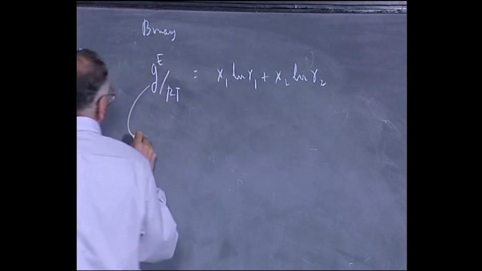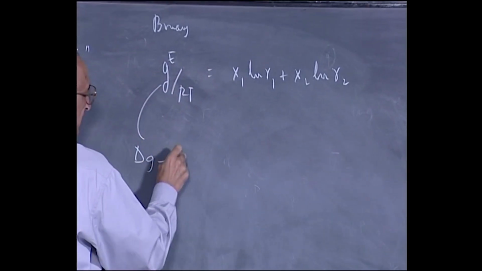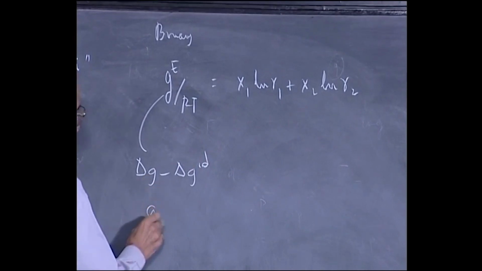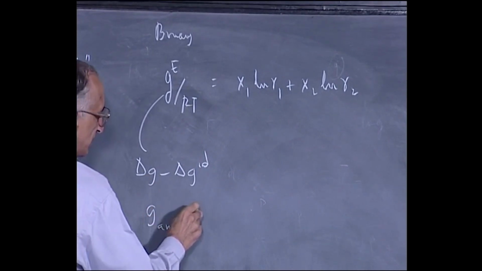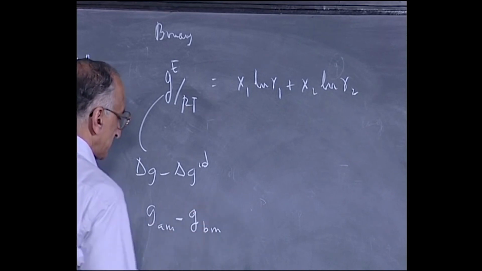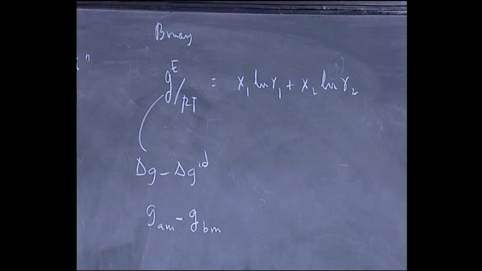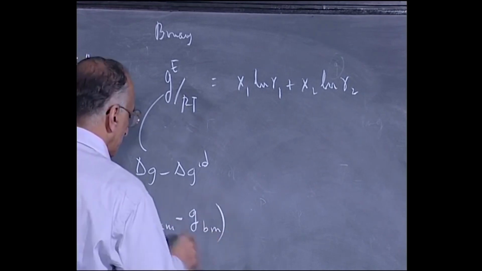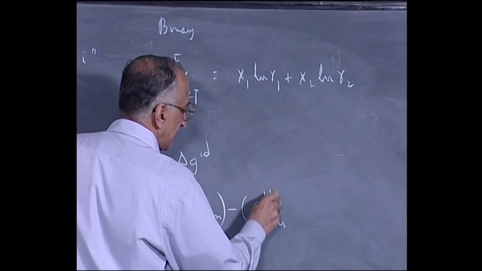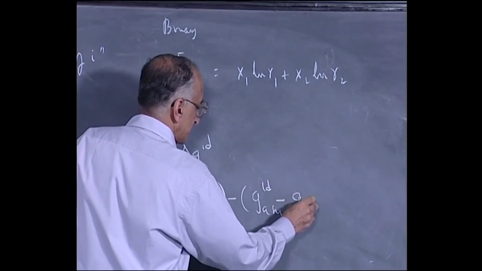The reason is Gxs is delta G minus delta G ideal. Delta G is G after mixing minus G before mixing, minus G after mixing ideal minus G before mixing.